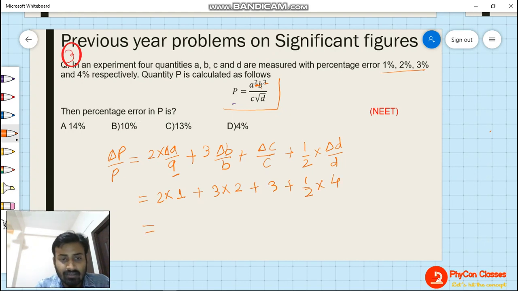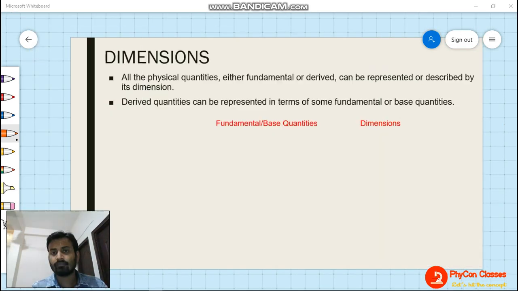And hence this answer will be 2 plus 6 plus 3 plus 2, that is 5 plus 6 plus 2 is 13%. Okay, so the correct answer will be C.